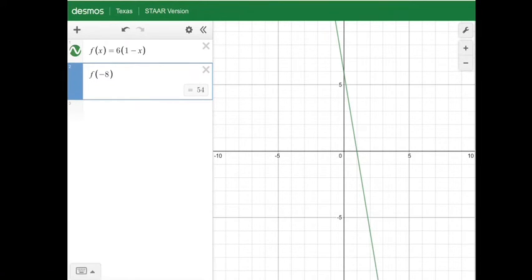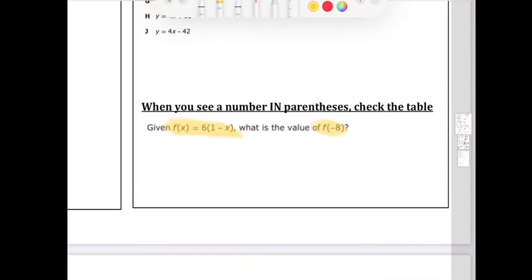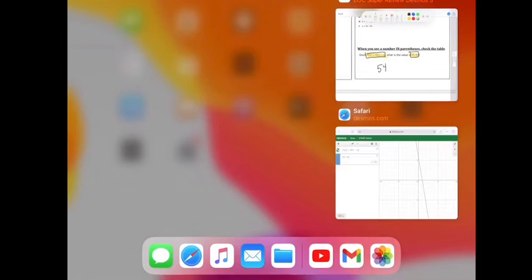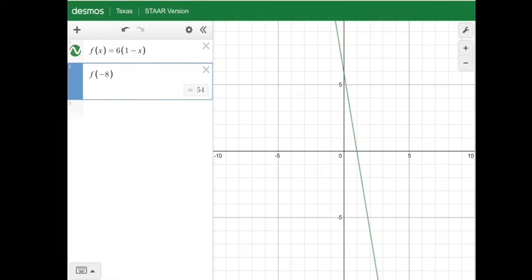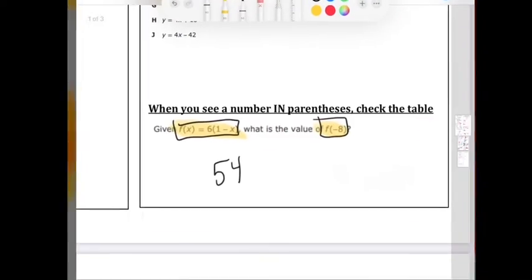So what that means is that when x is negative 8, the answer is right here. The answer is 54. If you ever see f of x, just type it in exactly like you see it. And then it was asking for f of negative 8, and your correct answer is 54. You type them both into Desmos, and you see what number it gives you right there.